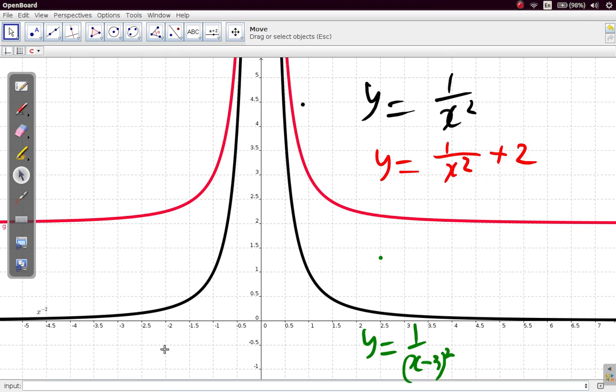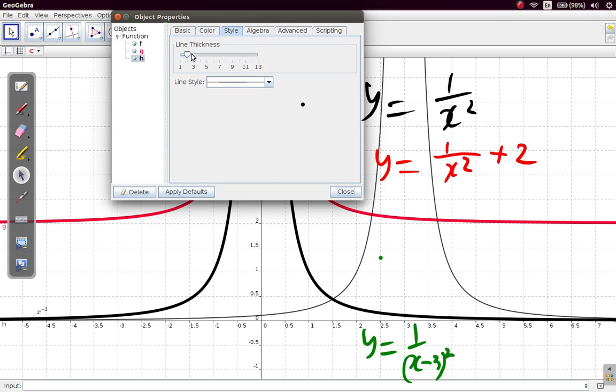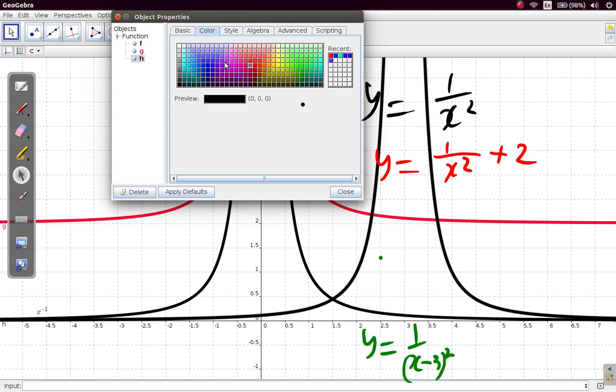We're going to plot 1 divided by open bracket x minus 3 close bracket raised to the power of 2. Okay, let's make this graph thicker and change the color to green.